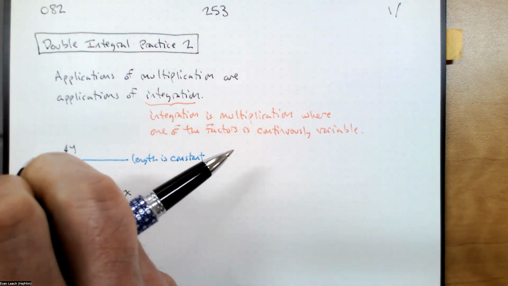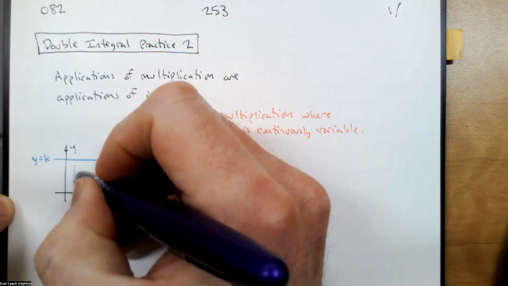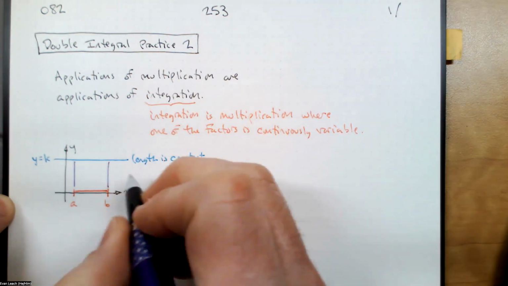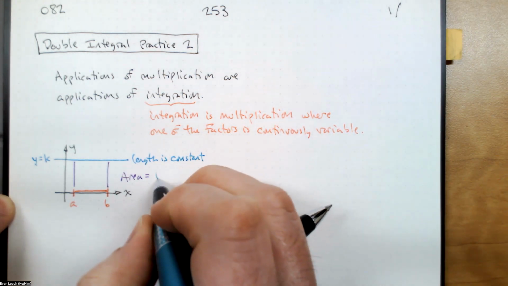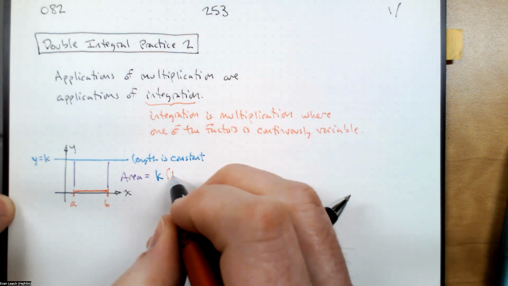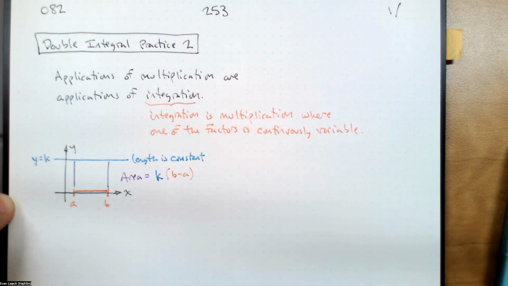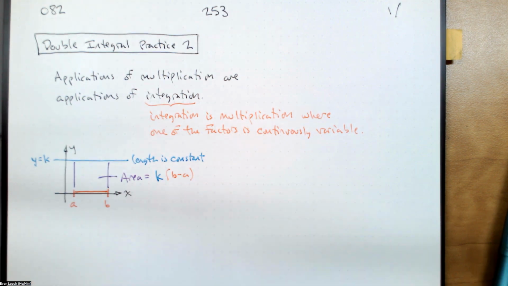Say y equals, I don't know, I need a value, k. That area is just the length times the width. We get to multiply because the length is constant for the entire width.